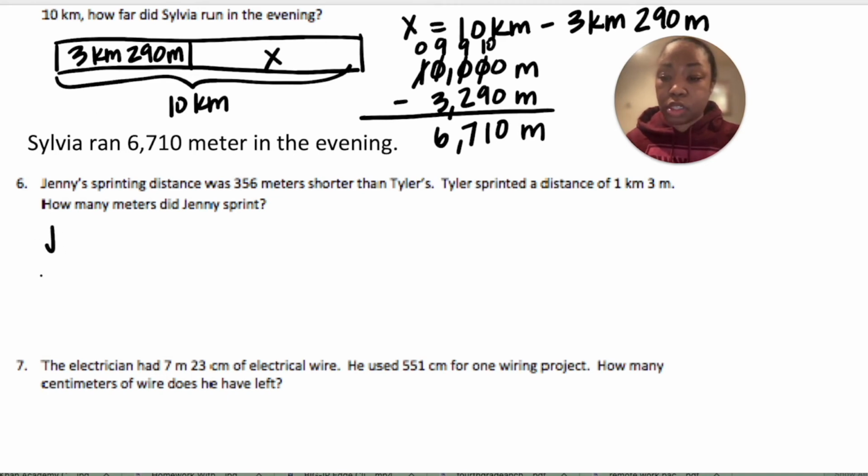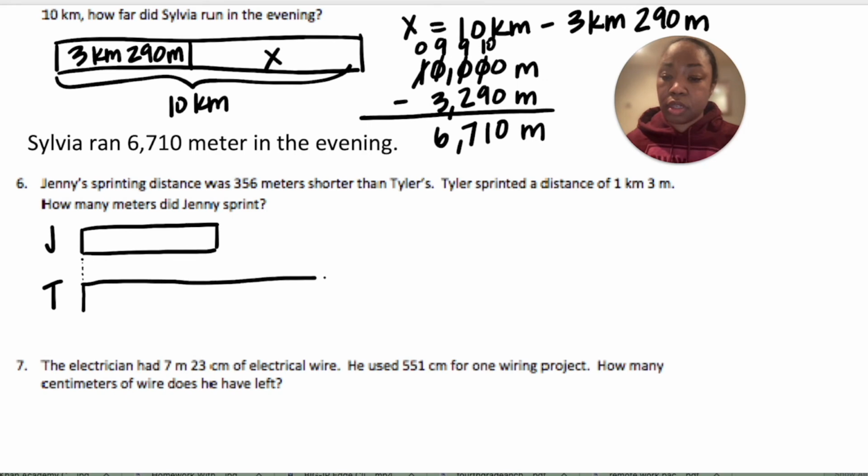So I'm going to do a J for Jenny, and I'll do a T for Tyler. They tell us that Jenny's distance was shorter than Tyler's. So I'm going to do, making sure I line up these tape diagrams, Tyler's longer.